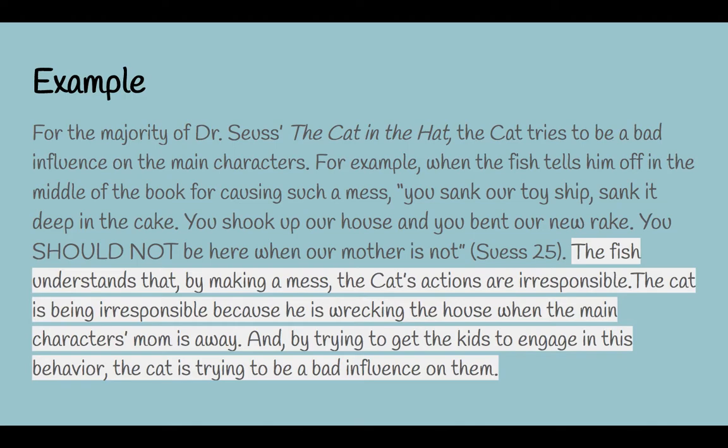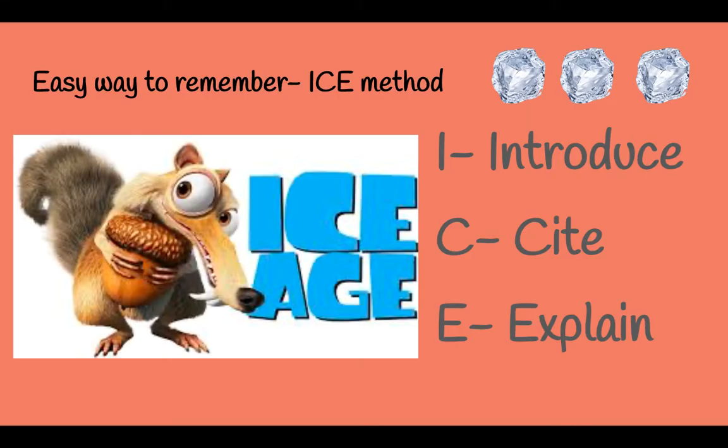So as you can see, I'm using my quote, not just restating what it says, but explaining the significance of it and how it relates to my thesis, while at the same time providing new information and a new perspective on the quote.